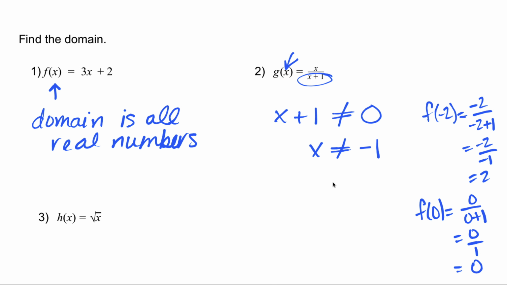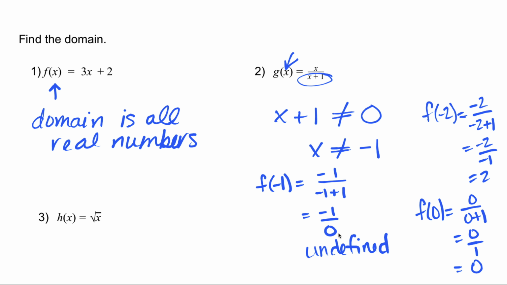It's when we plug in f of negative 1, which we have seen from the work that we did, that's not valid. Why is it not valid? Because negative 1 over negative 1 plus 1 is equal to negative 1 over 0, and that is undefined.